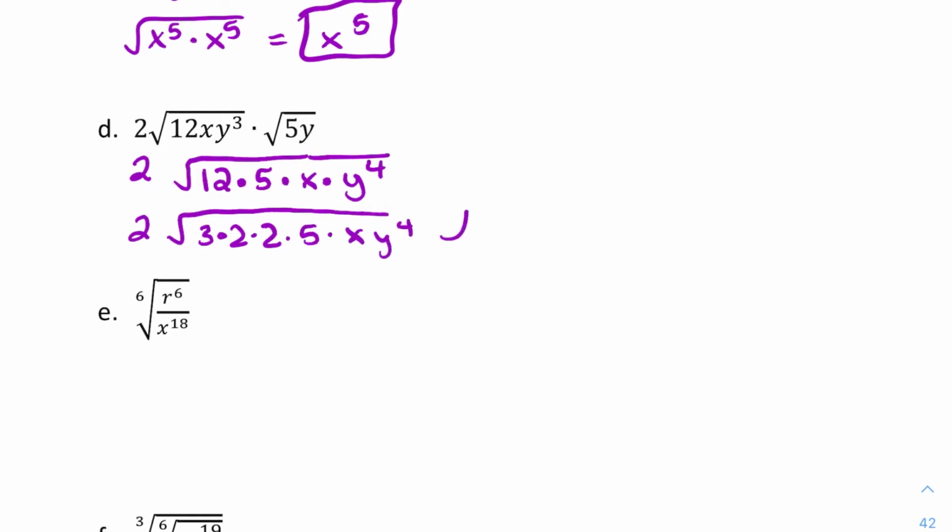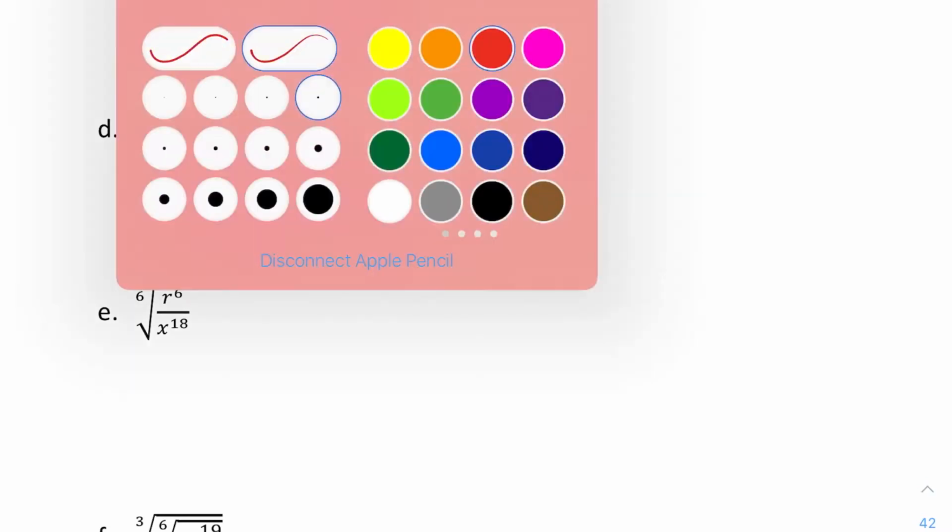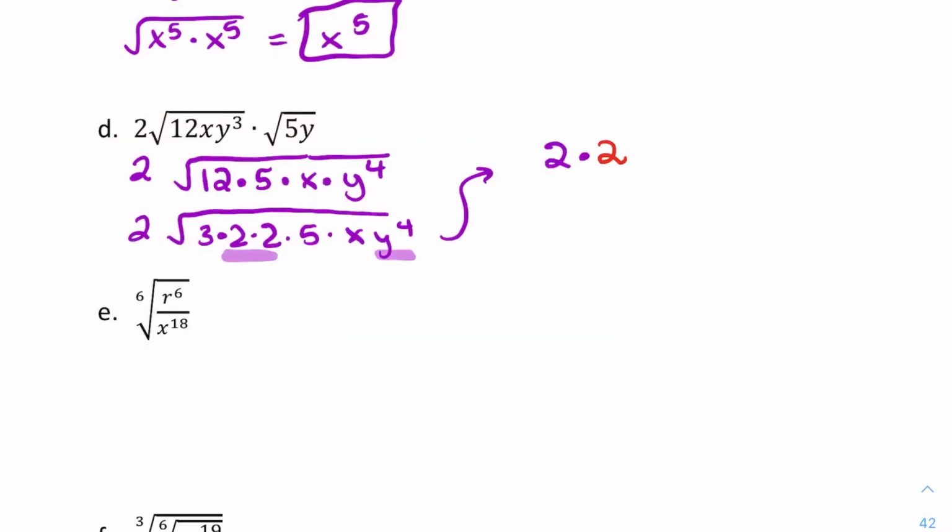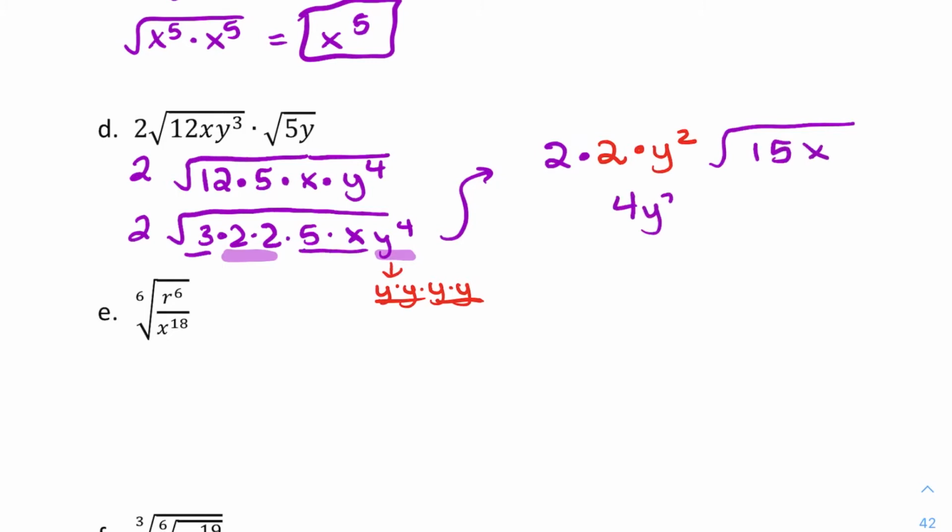So if you look for what factors you have that are being taken times themselves, you can bring out a 2 and a y squared, or 2 factors of y, because you can make 2 groups of y out of y to the 4th. And then that's going to leave you with, on the inside of your radical, still your 3 times 5, which is 15, and your x. Just go ahead and simplify on the outside, and you'll be good to go.